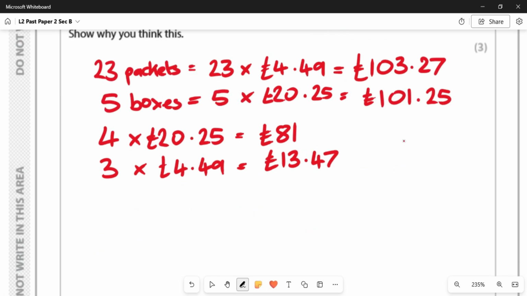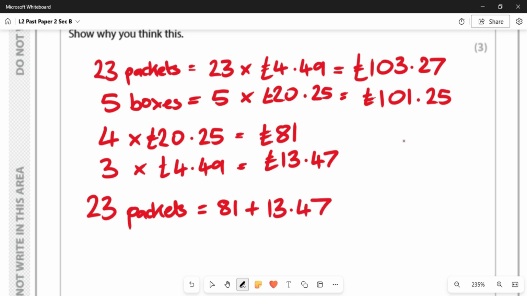I'm pretty sure we should get less than £100. Let's double check. So let's add 81 to that. Yeah, that's the one. So that gives me £94.47.